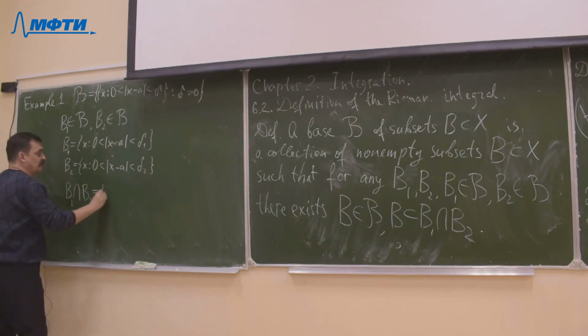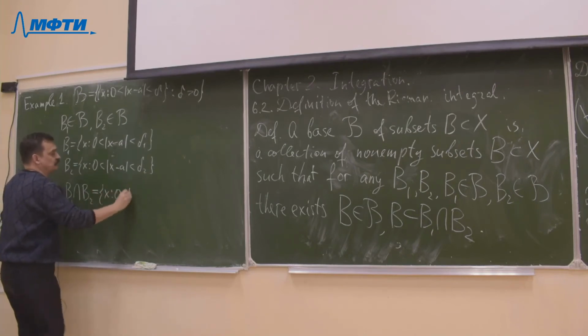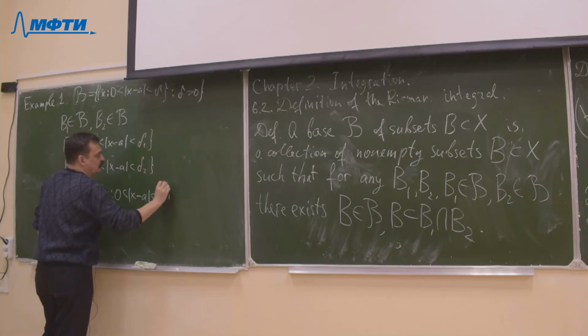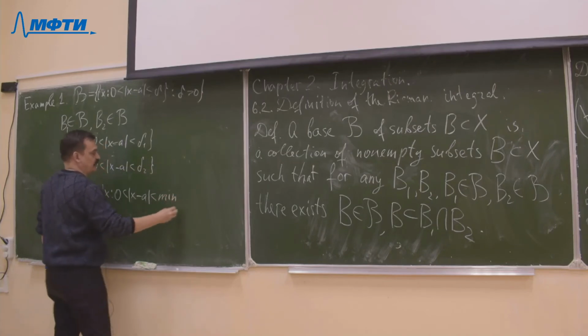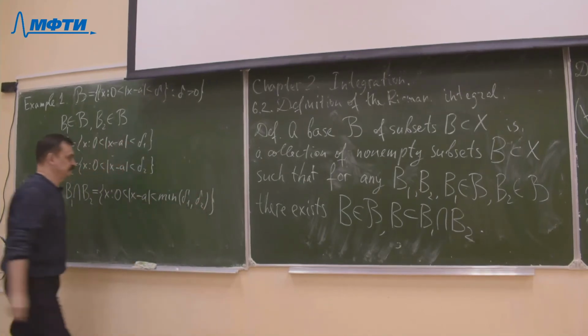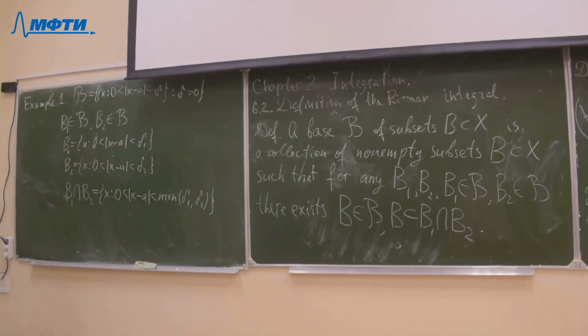The intersection is a punctured neighborhood which can be characterized just by the minimum of the deltas.